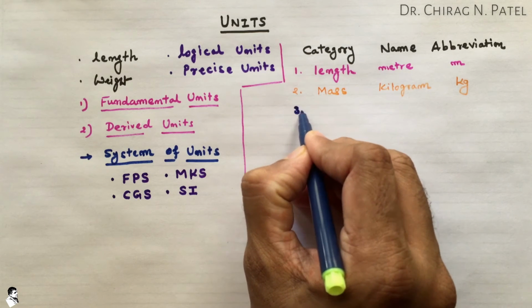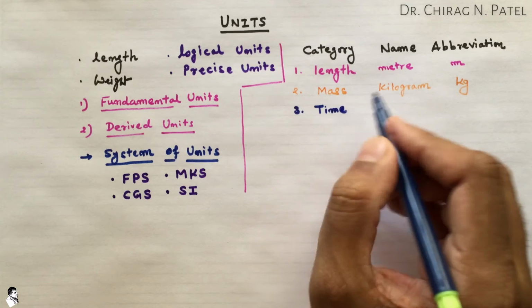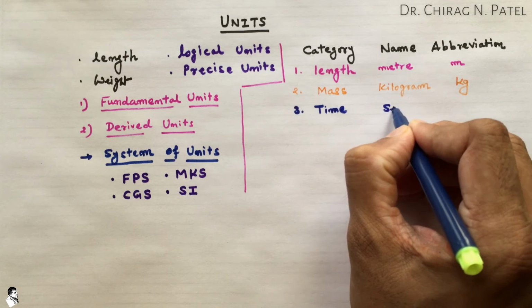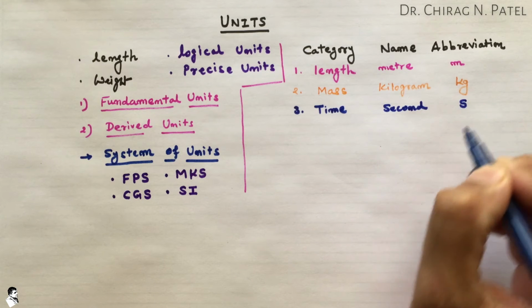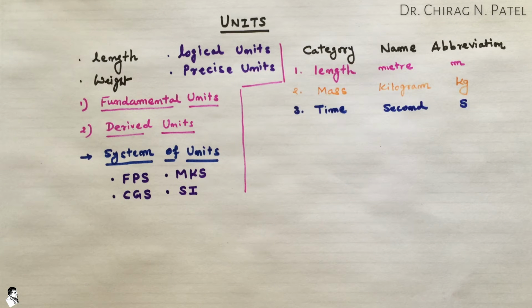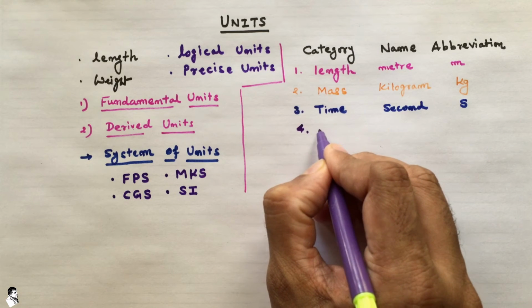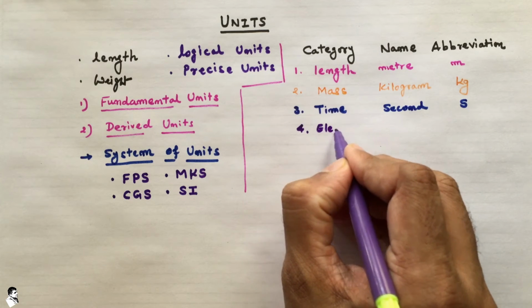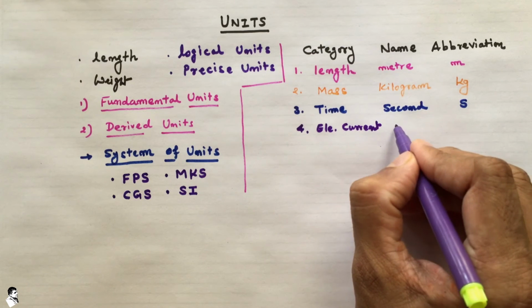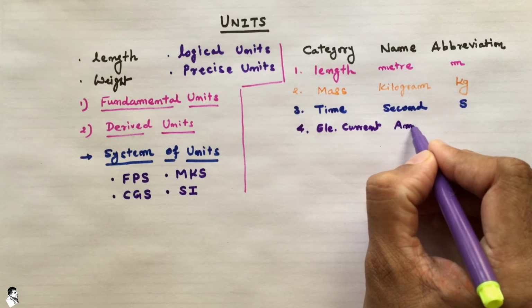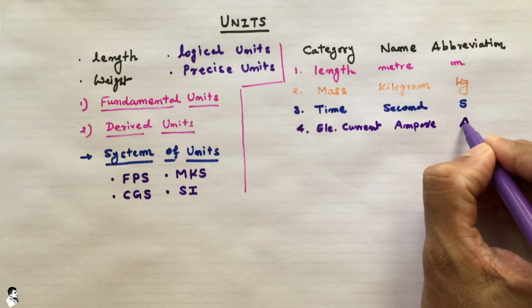Number 3 is time, that is in second, s. Number 4 we consider electric current, that is in ampere and the symbol is A.